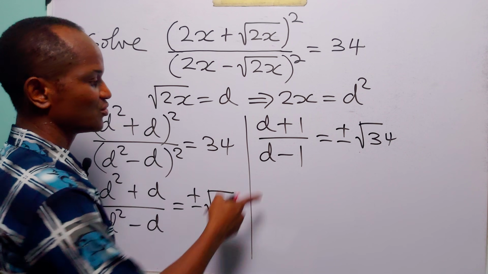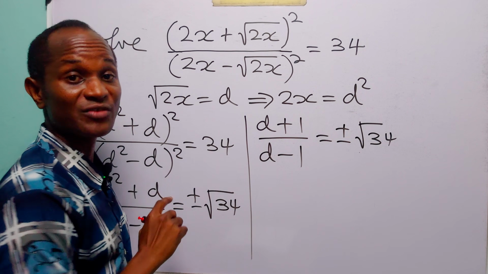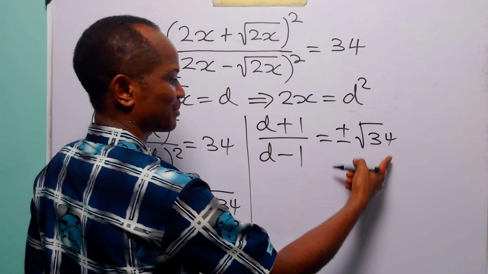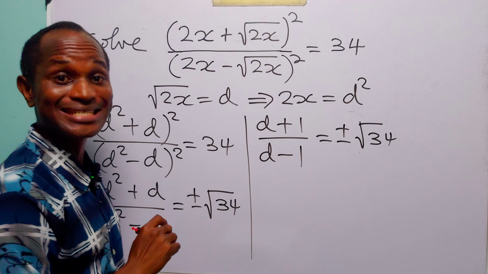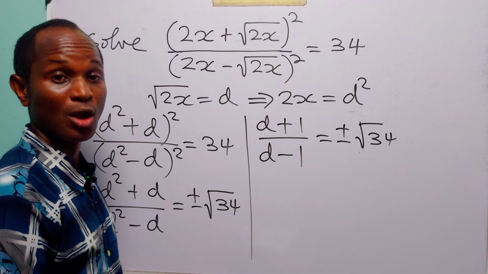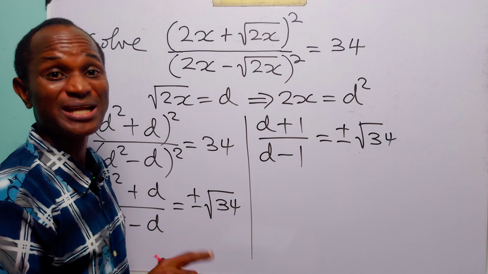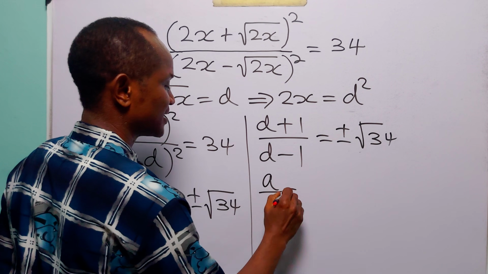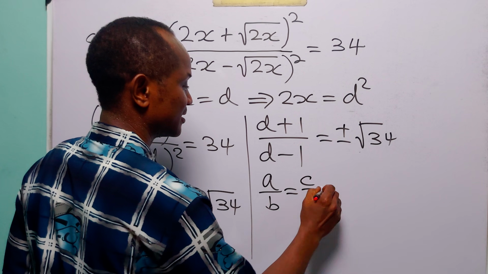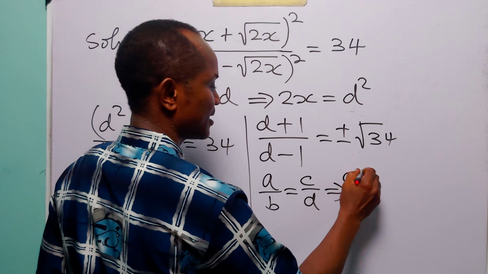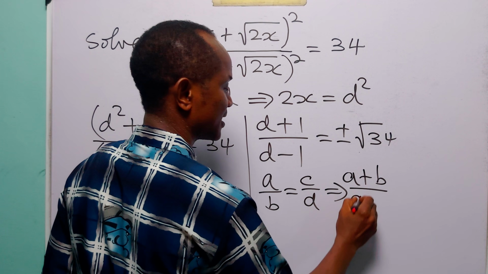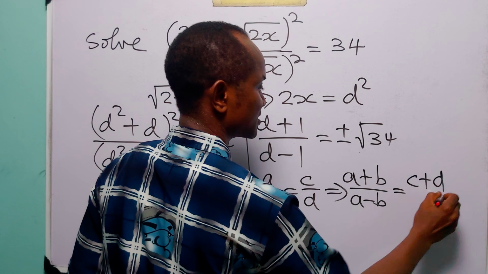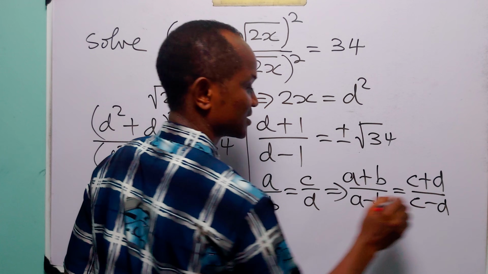The next thing we are going to do is to make d the subject of this equation. There are several ways of doing this. We can start by multiplying both sides of this equation by the denominator, which is d minus 1. Or also, we can use the property of proportions that says that if a over b is equal to c over d, then a plus b over a minus b is equal to c plus d over c minus d.